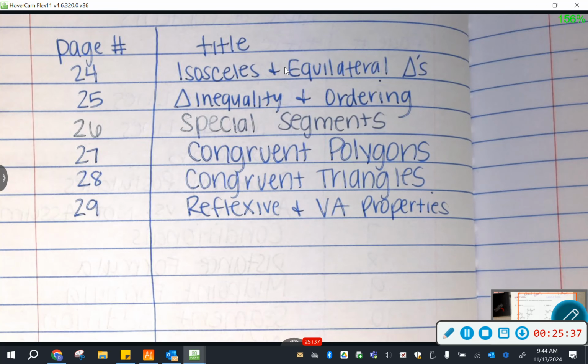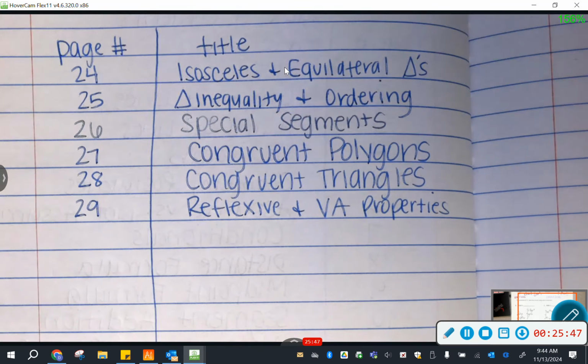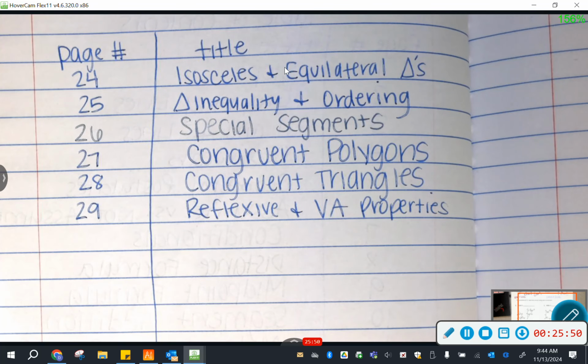Glue onto page 29. Drayton, can you pass it over here for me?